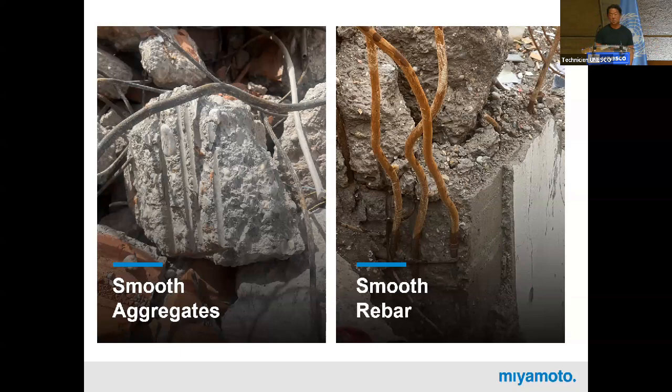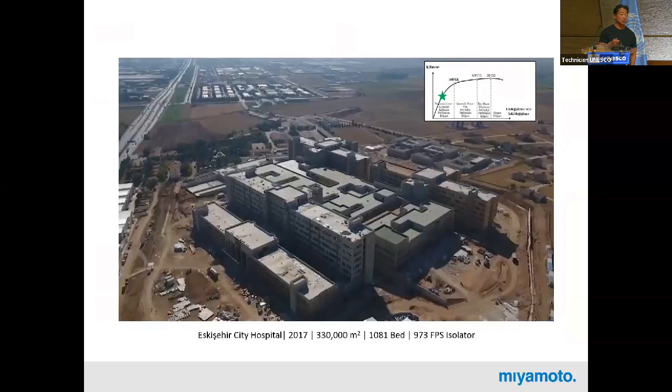Does this mean Turkish engineers are bad? No. Actually, Turkish engineers are considered to be among the best in the world. They get the best education, and the engineering system, the building codes and everything, is fine.